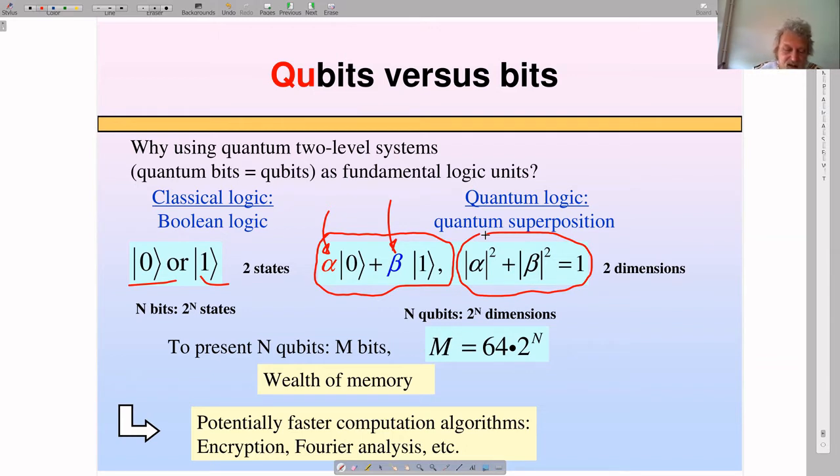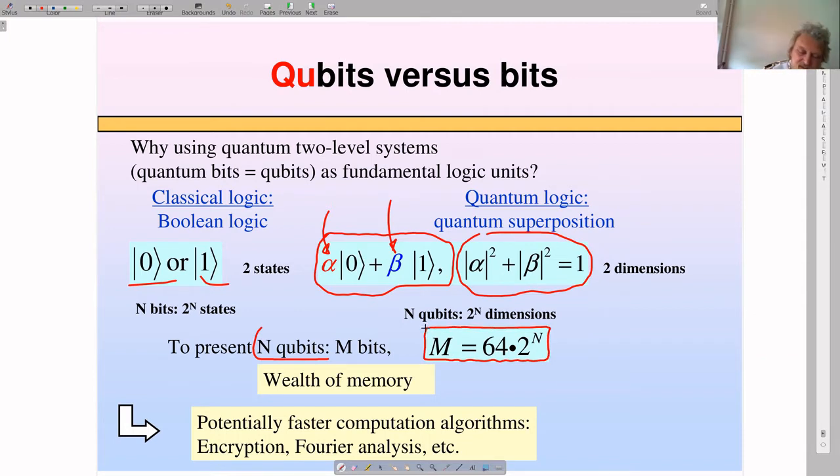Sure, it's already a little bit more information, but it's not all. If we want to present the state of n qubits, we would need much more bits, actually exponentially more.